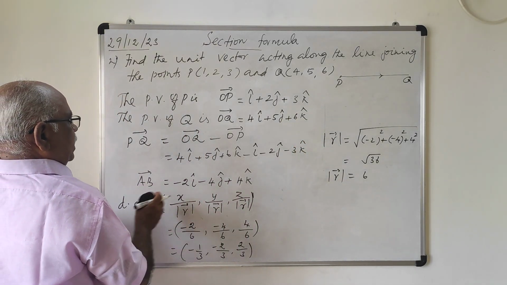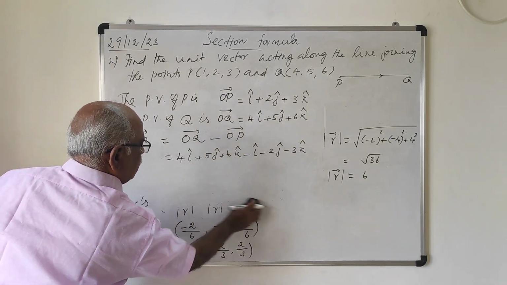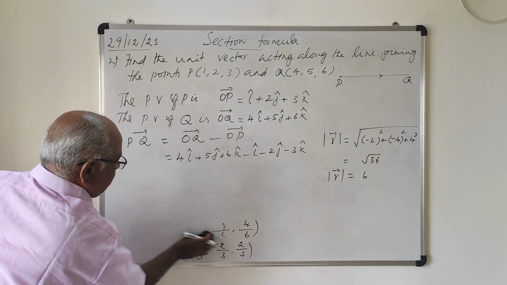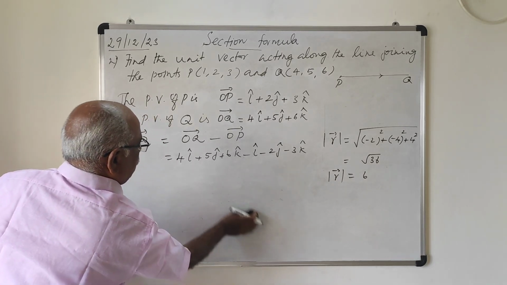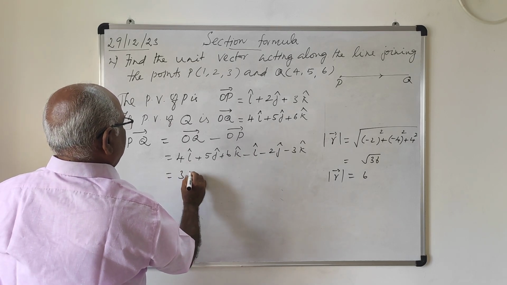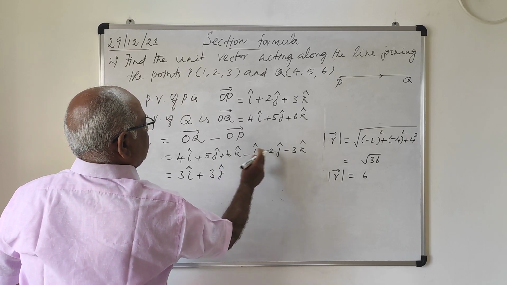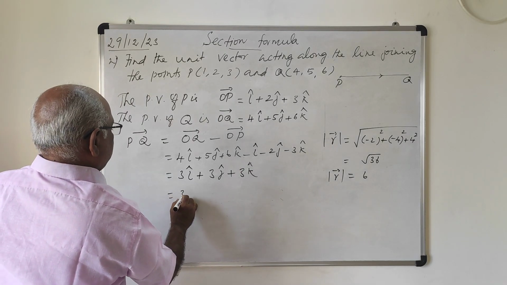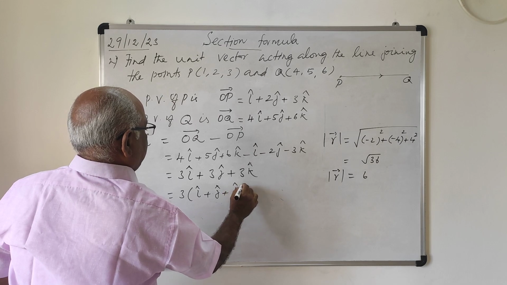So you get 4 minus 1 is 3i, 5j minus 2j is plus 3j, 6k minus 3k is plus 3k. So PQ vector is 3 times i plus j plus k.